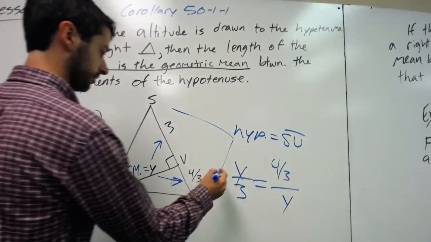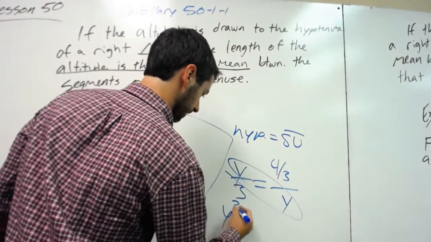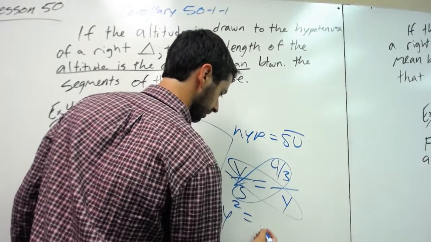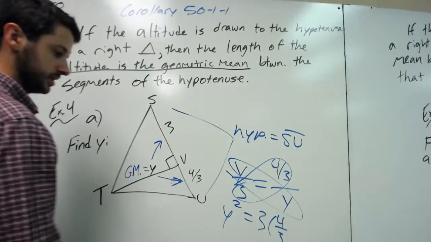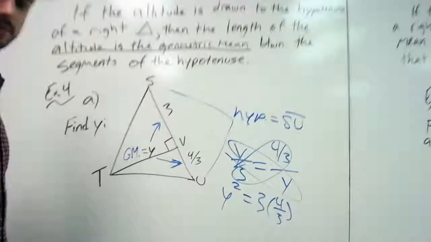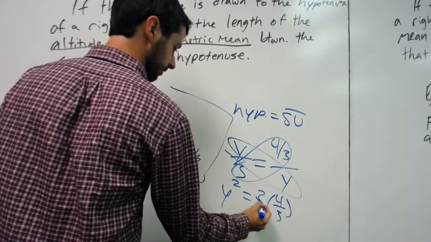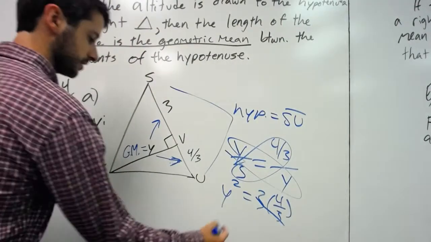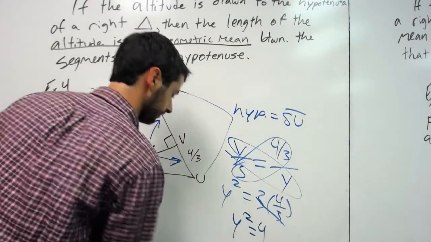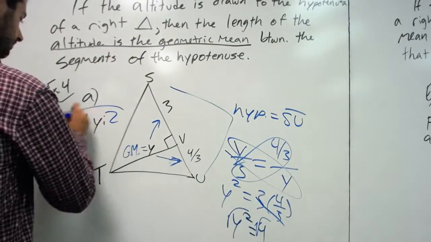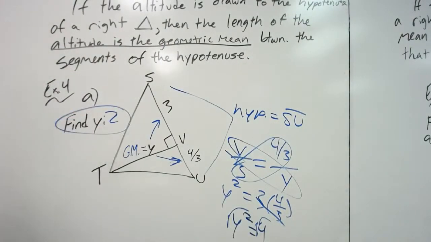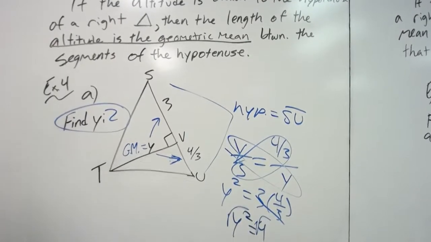Then we cross multiply. y squared equals 3 times 4 over 3. The 3's would cross out. y squared would equal 4. So therefore, y equals 2. Square root of 4 is 2. And that's how you do that corollary.